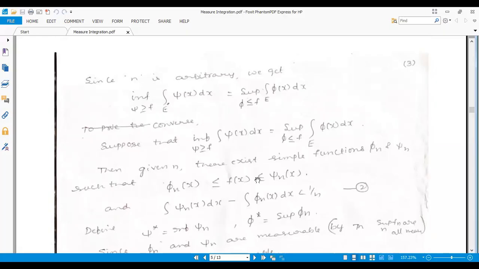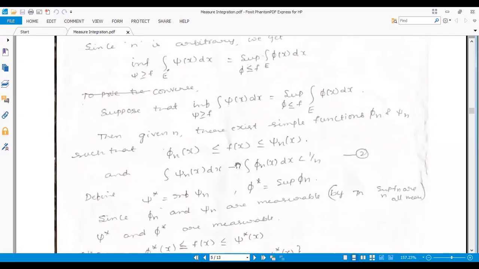What is the converse here? We can prove that f is measurable. Here, for every n, there exist phi n and psi n, which are simple functions that must lie between, because the greater and lesser symbols are there, the f of x.